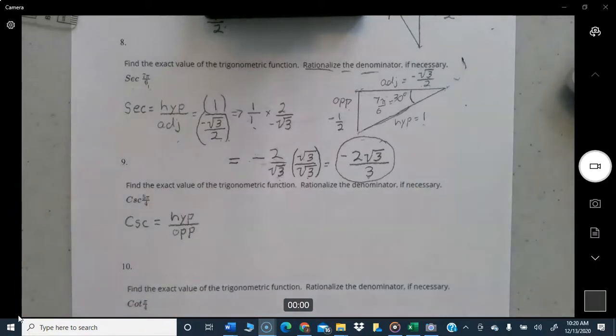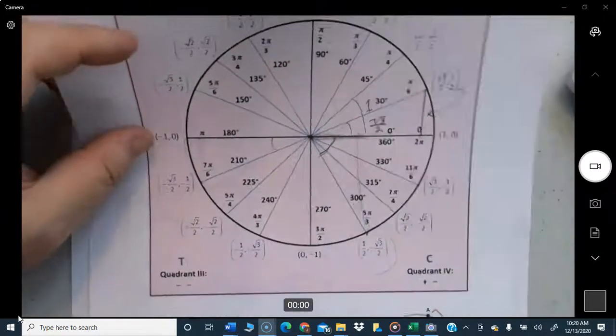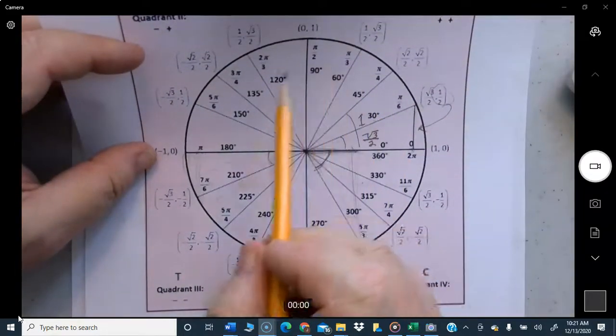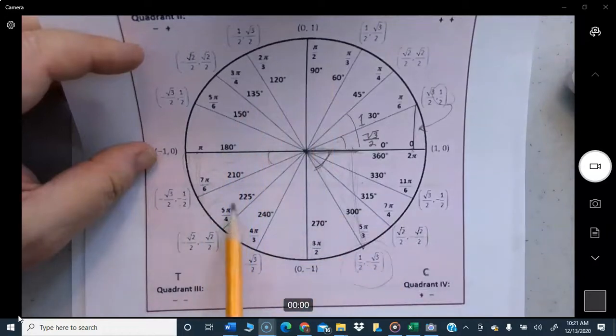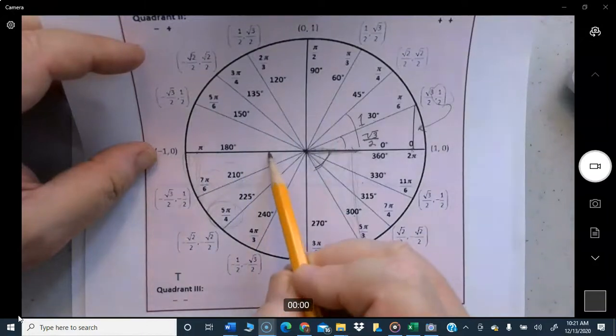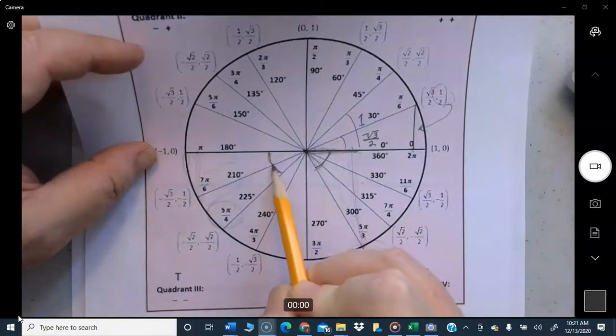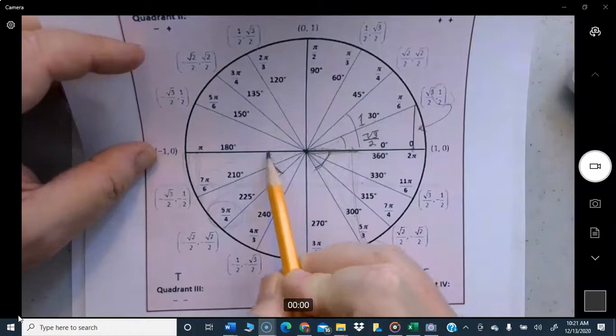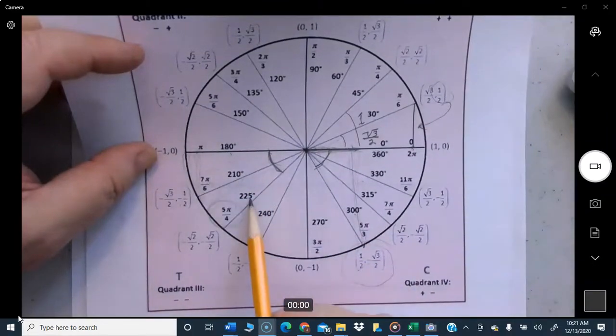Okay. All right. So let's go ahead and find 5 pi over 4. So we come over here. Again, it's going to be a radian measure here, and there it is right there. It's that one right there. All right, so the reference angle there is, it's going from 180 to 225.